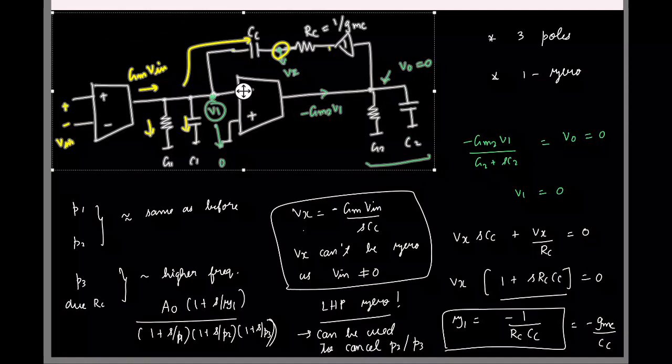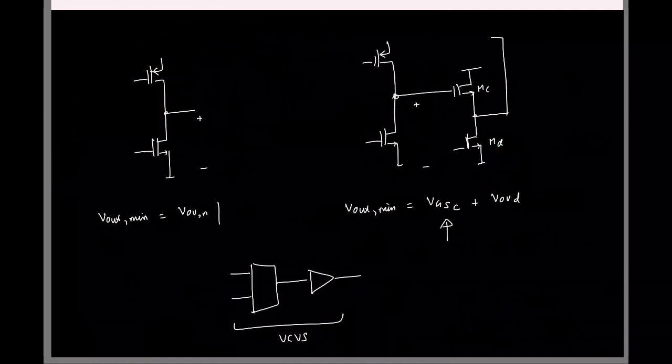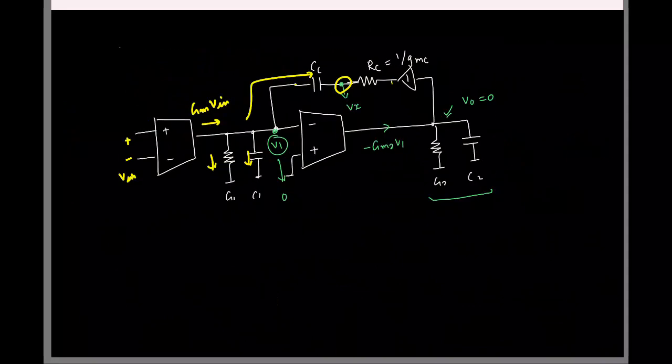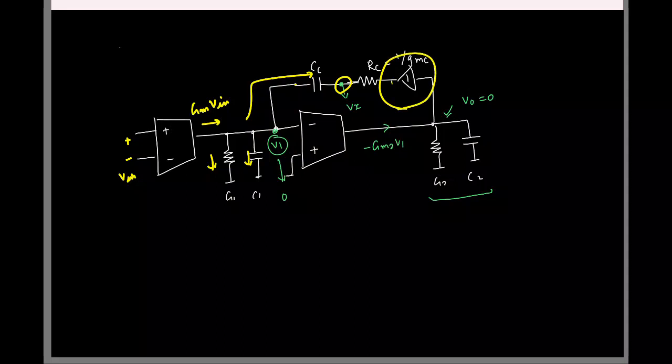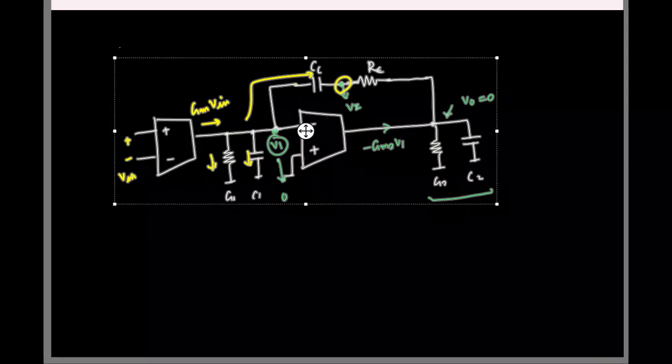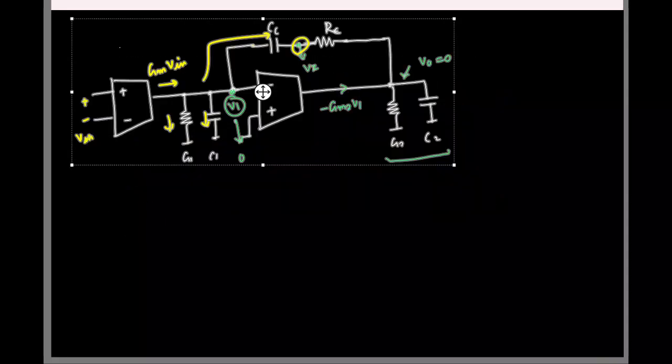See, the problem now is this guy. So let's see, we'll remove this buffer and see what happens. So now again, you'll have 3 poles.